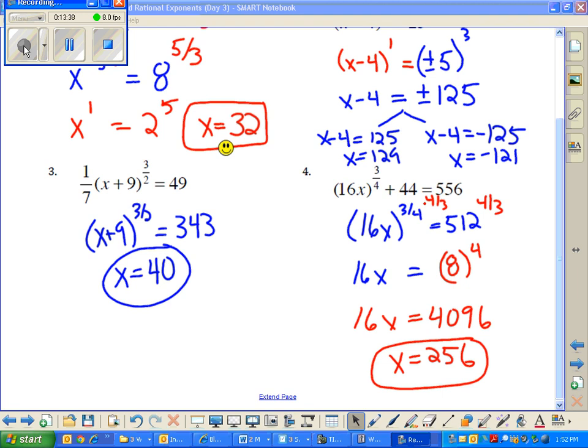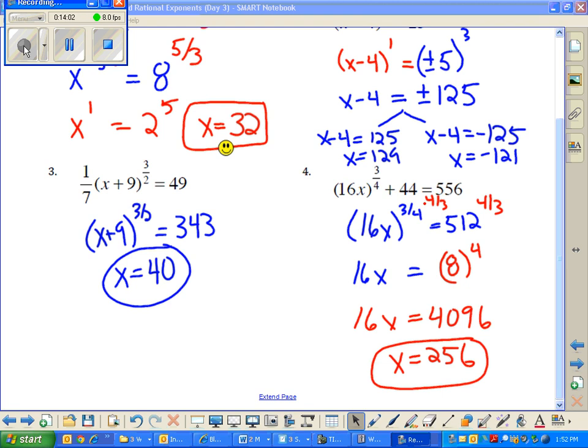The answer is 256. I'm seeing people dropping their parentheses in more than one spot. I saw a couple different papers as I walked around. Keep in mind that the quantity of 16x to the 3/4 is indeed a different value or expression than 16x to the 3/4. Those parentheses do have meaning.